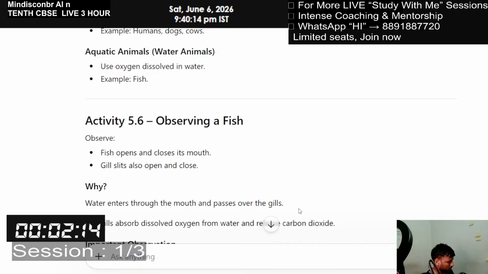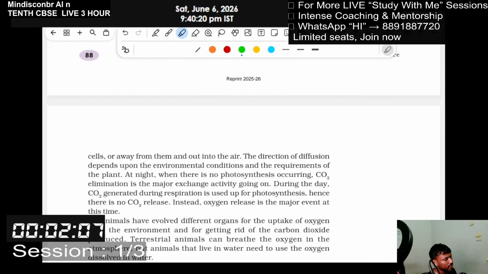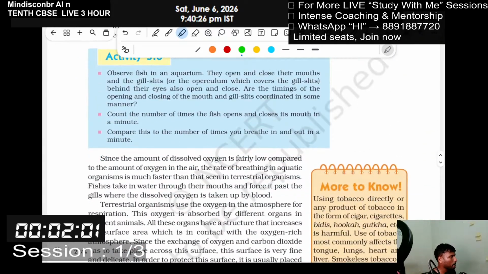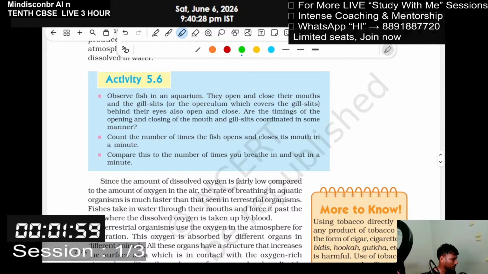Activity 5.6. What is the specialty in activity 5.6? Observe fish in an aquarium.